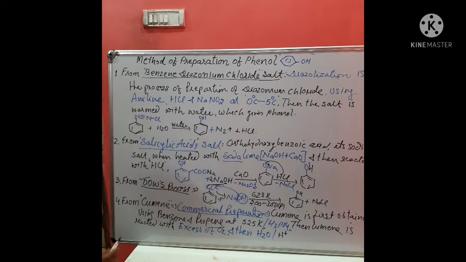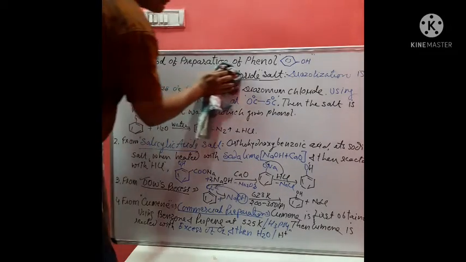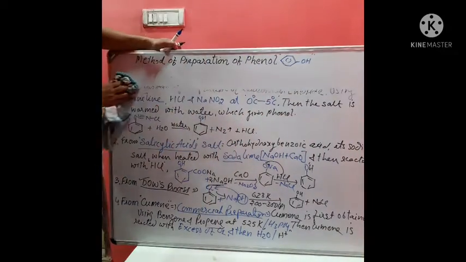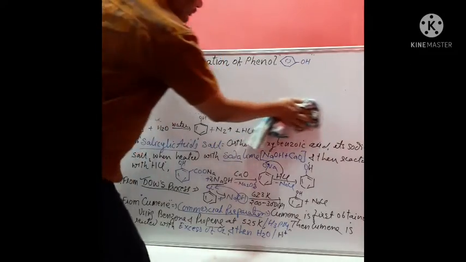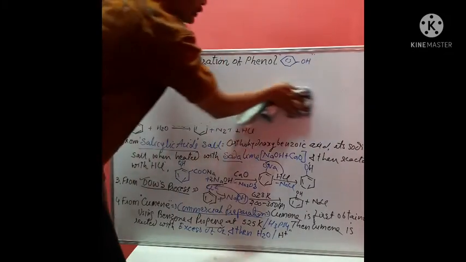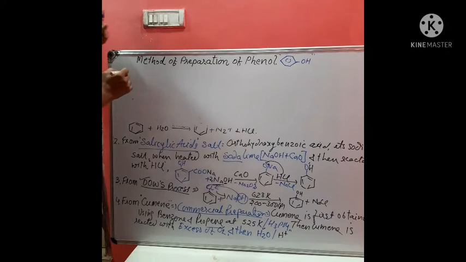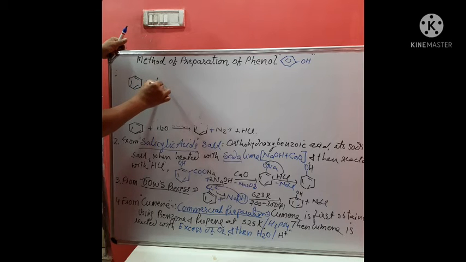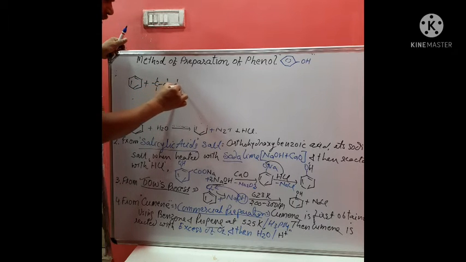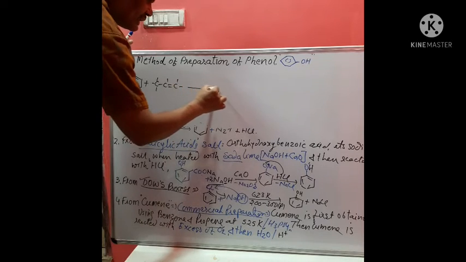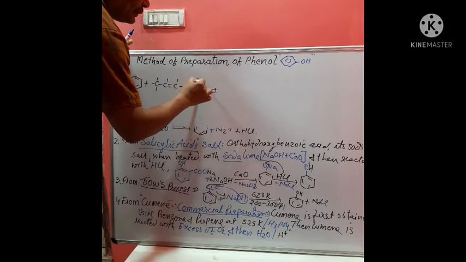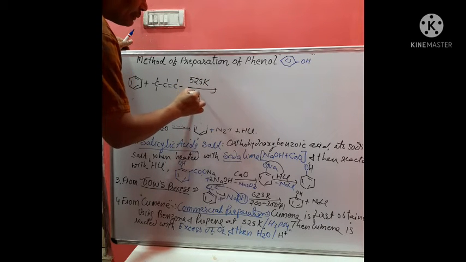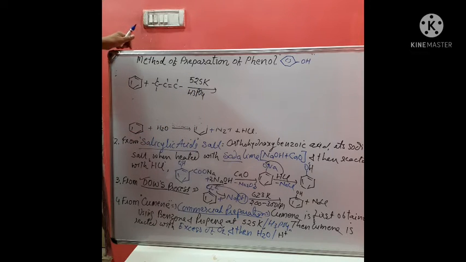So students, you can write the reaction as: first we have to prepare what? Cumene. Okay, and what is cumene? The reaction of benzene with propene, CH3 CH=CH2. Okay, and the reaction condition is what? 525 Kelvin temperature in the presence of H3PO4, that is phosphoric acid.